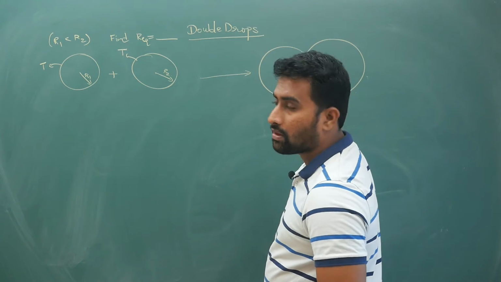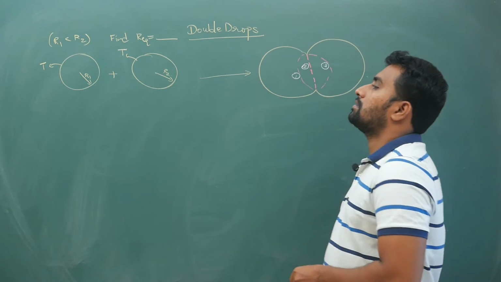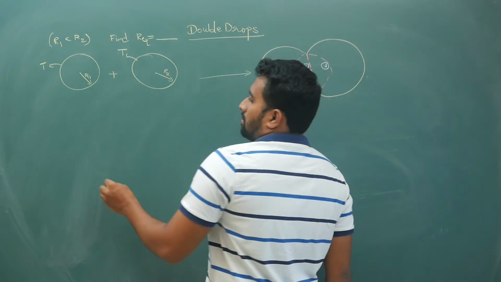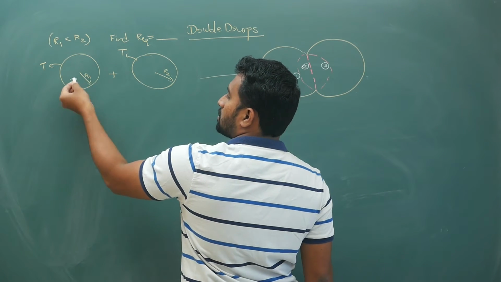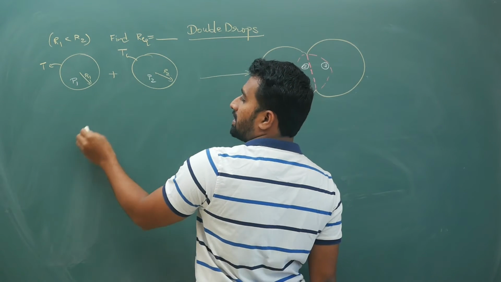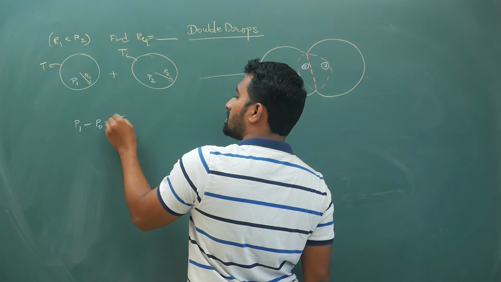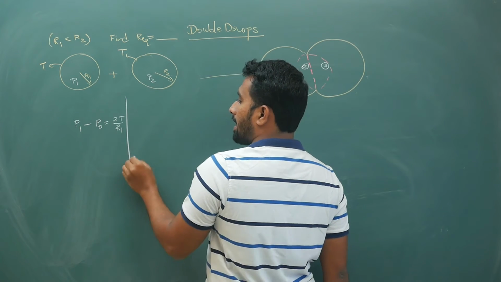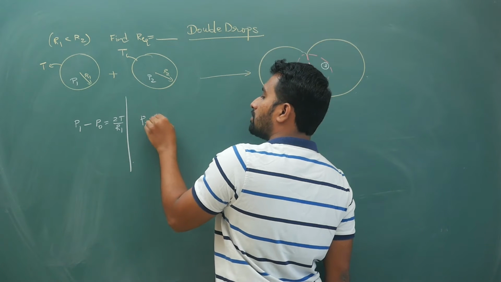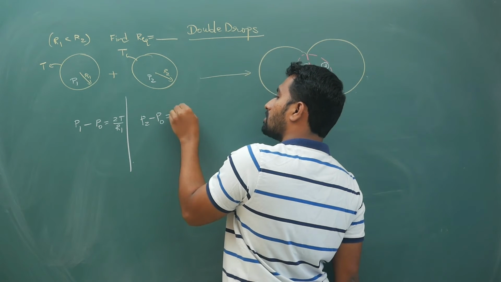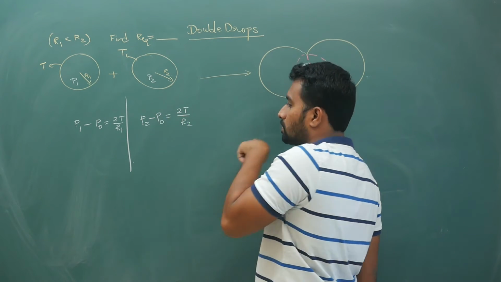Now, for this drop, if you take pressure as P1, here the pressure is P2. On the first one, P1 minus P2 is equal to 2T by R1. On the second, P2 minus P0 is equal to 2T by R2.